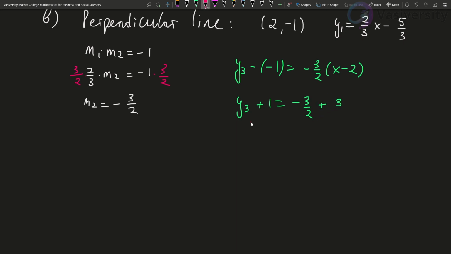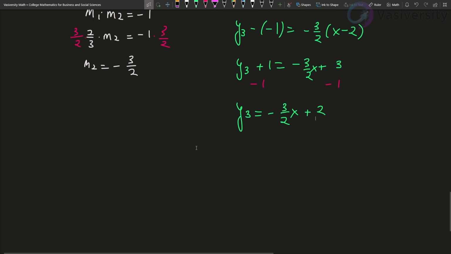Once again, we subtract 1 from both sides. 1 minus 1 becomes 0. So our perpendicular equation is going to be y3 is equal to negative 3/2 x plus 2.